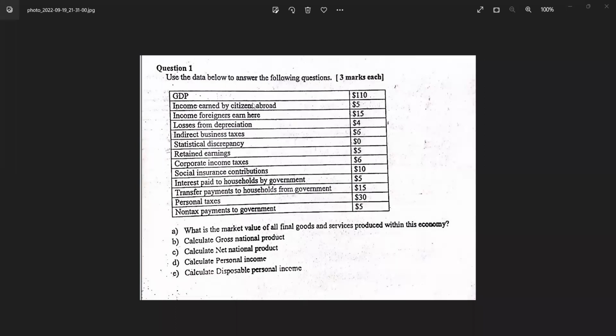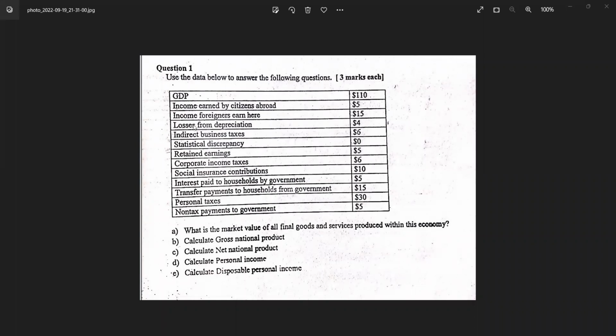They've given us income earned by citizens abroad. What's another name for this? You don't say income earned by citizens abroad. What other name can they give you?